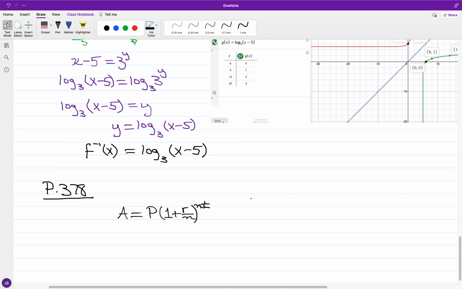And so for the principal, let's see, that was in number 46. We have the numbers. The principal is $8,000.